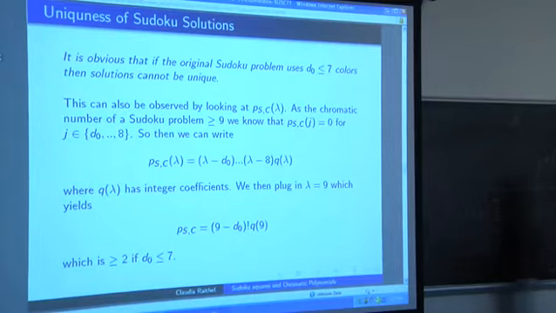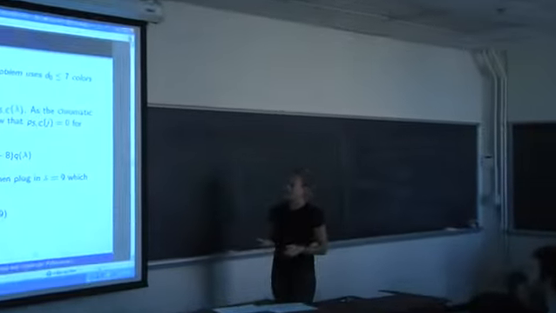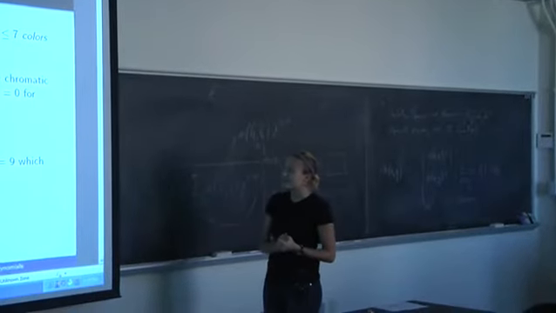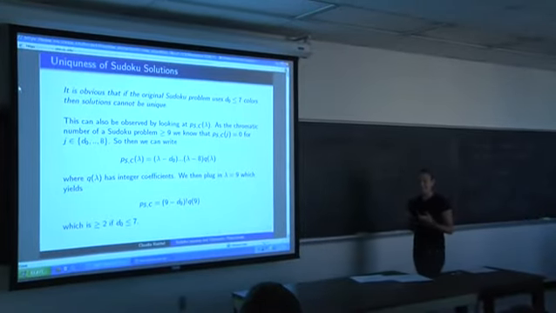This would correspond to if I give you a Sudoku graph, and in the entries that were in the Sudoku graph to begin with, you just use numbers like 1 through 7. And I completely left out 8 and 9. So say that you found a solution of this Sudoku. Well, that solution can't be unique, right? Because to get another solution of the Sudoku, I could just switch 8 and 9 in my solution. And so you have at least 2 solutions right away. So observing that the solution is not unique for d naught less than or equal to 7 is really not wonderful, but it's kind of cool.